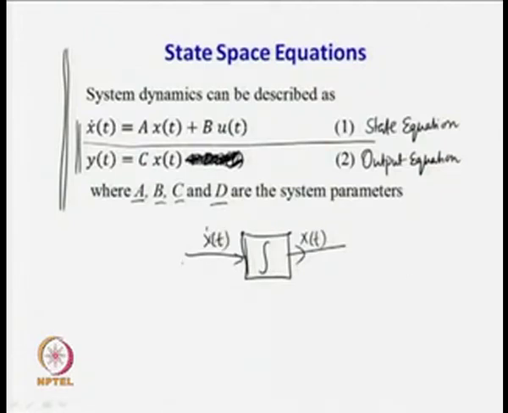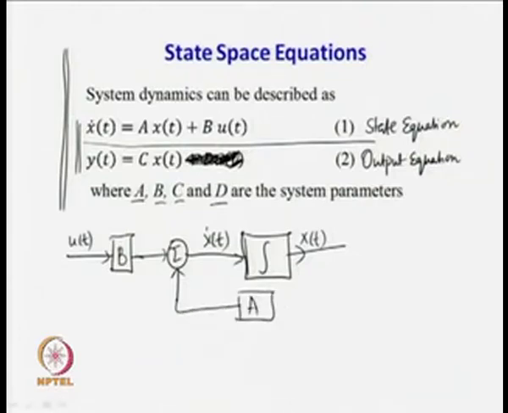Now, x dot t is equal to B u t plus A x t. So, I have got A x t. Further, y t is equal to C x t.